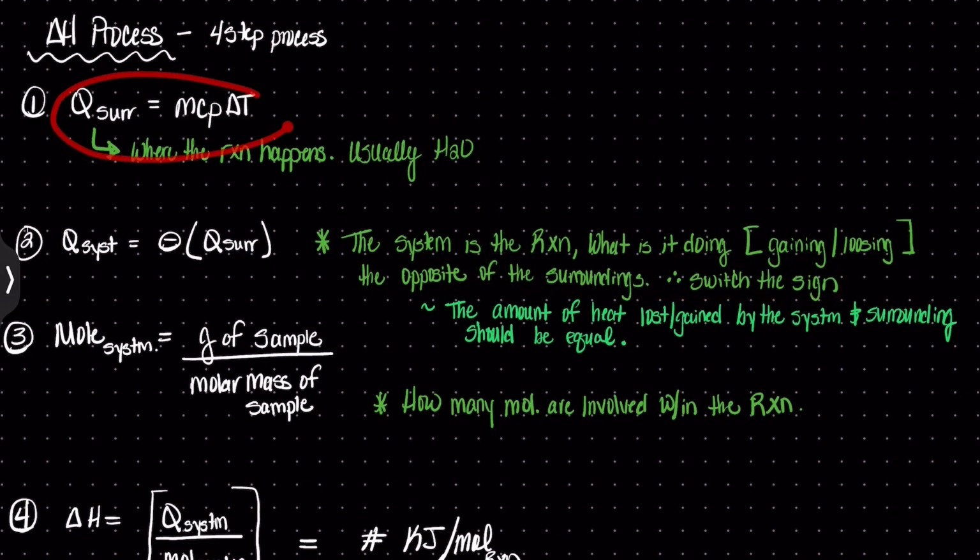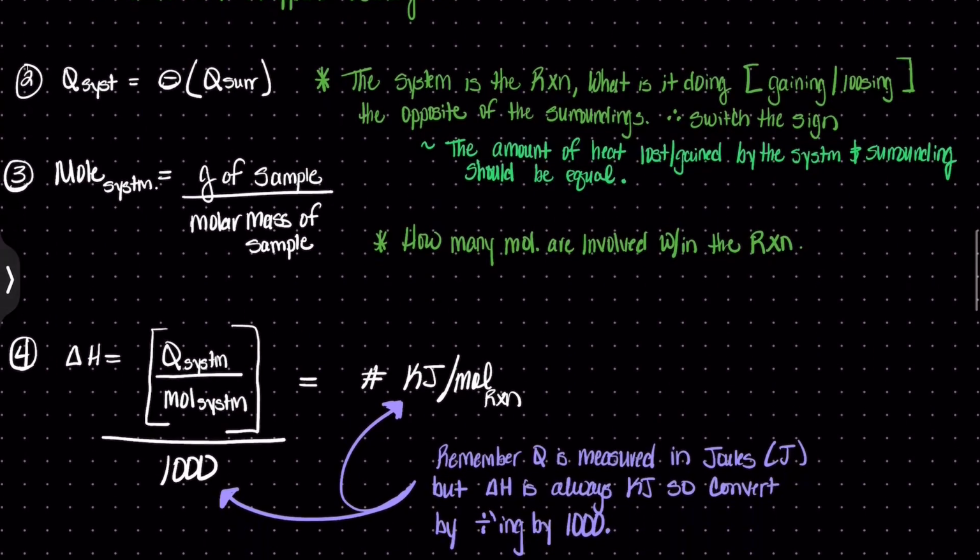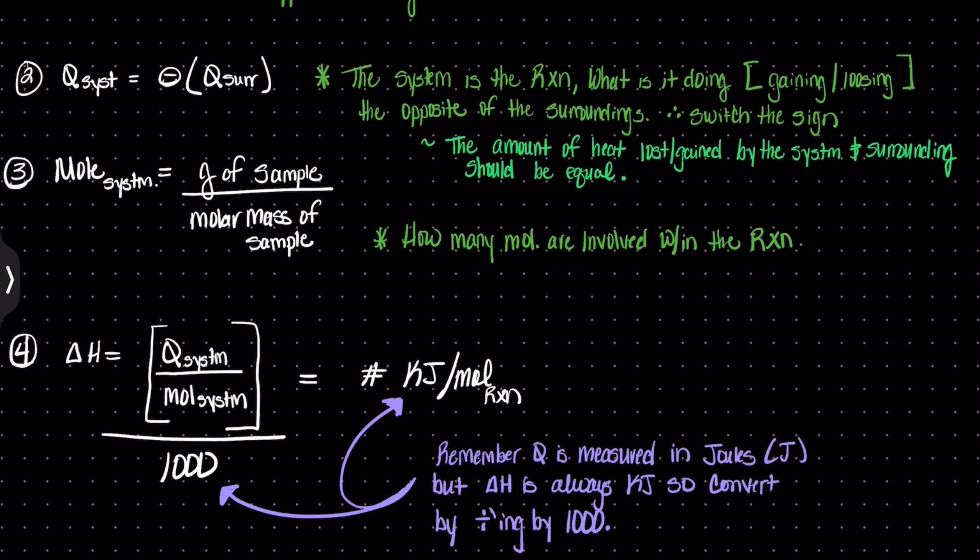So after you calculate this, Q of the system is the opposite of that. Then step 3, you find the moles of the system. And to do that, of course, you find your grammage of your system over your molar mass of your sample of that system. This gets you how many moles are involved with the reaction.